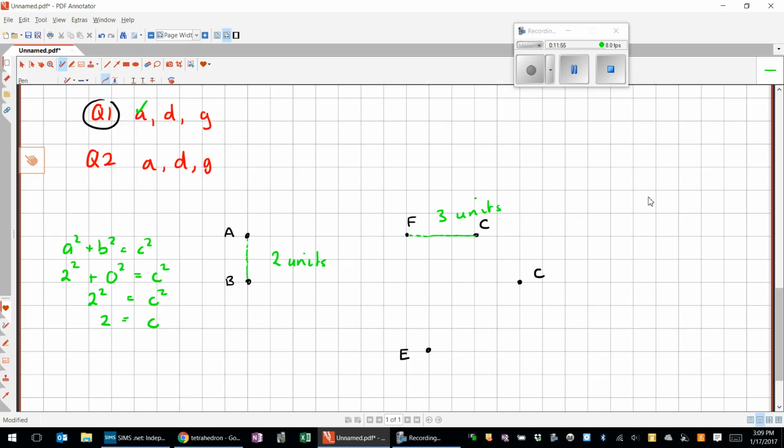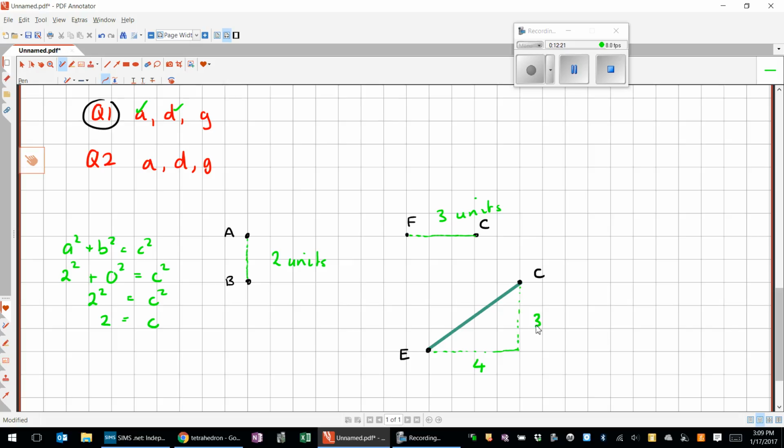Now, G, however, is diagonally separated, so now we are going to have to use Pythagoras' theorem. We've got the distance between those 2 points. This time we've got a distance of 4, and it goes up 3.